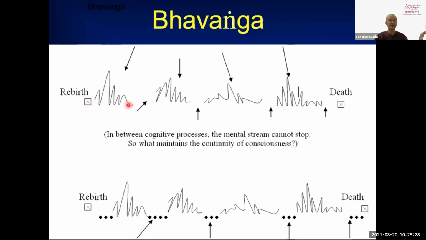Then after your anger subsides, and there is no other thought, no other cognitive process, no hearing, no seeing, no thinking, no other thing, what arises after the mind door cognitive process? After the mind door cognitive process subsides, before another cognitive process arises, in between these two cognitive processes there is a gap, right?